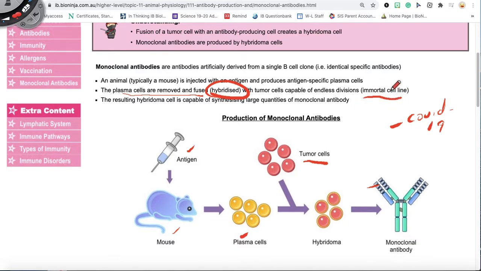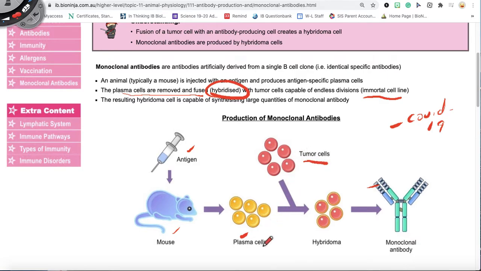So some of these immortal cell lines that were derived from aborted fetuses have been immortal for over 60 years now. So they have endless divisions. The immortal cell lines that were retrieved from Henrietta Lacks were from a cervical cancer that she had, and we're still using immortal cell lines from Henrietta Lacks' tumor.